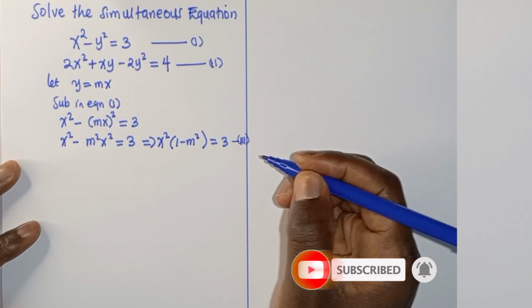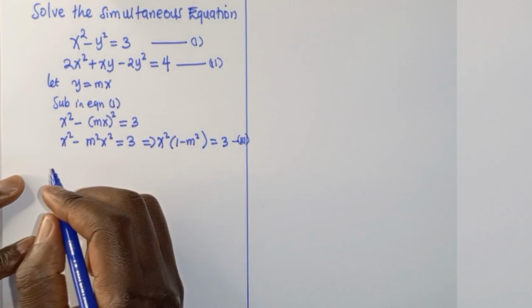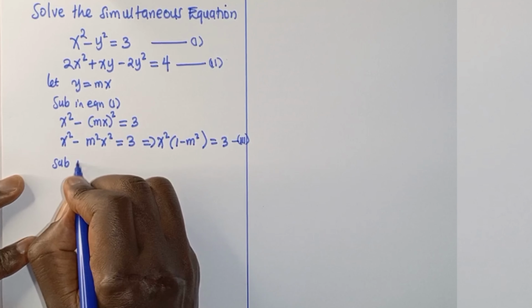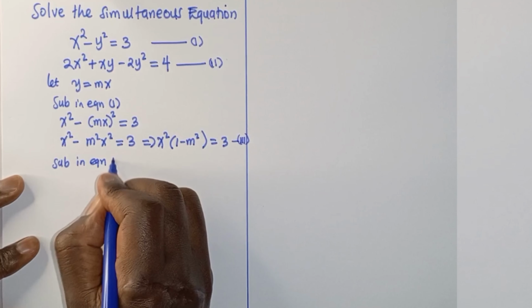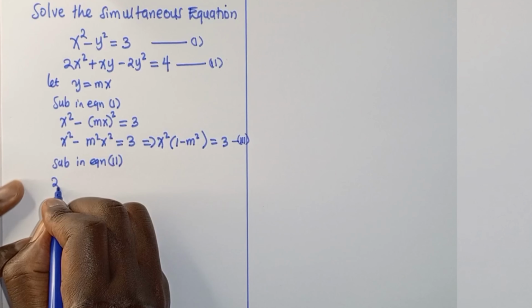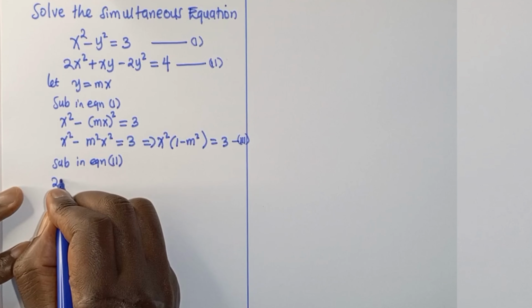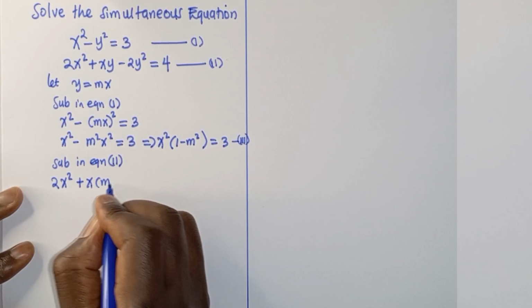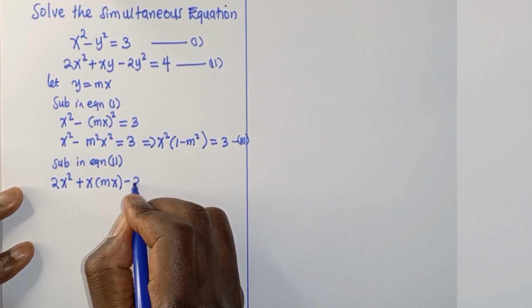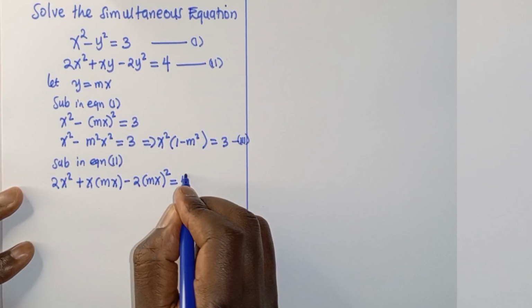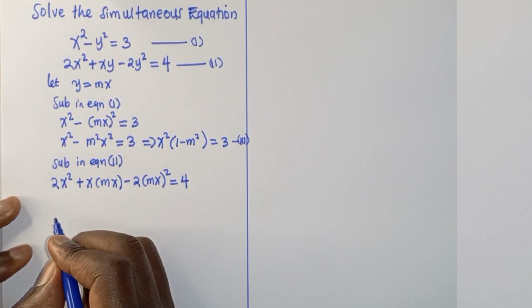Now we go to equation number 2 and we substitute the same. We shall have 2 x square plus x into mx, and then minus 2, mx, everything squared, is equal to 4.